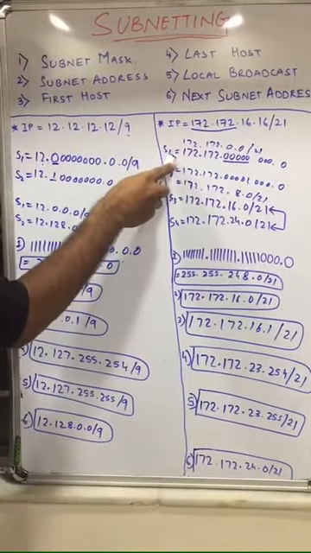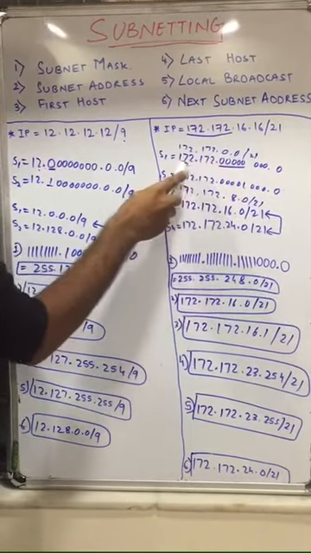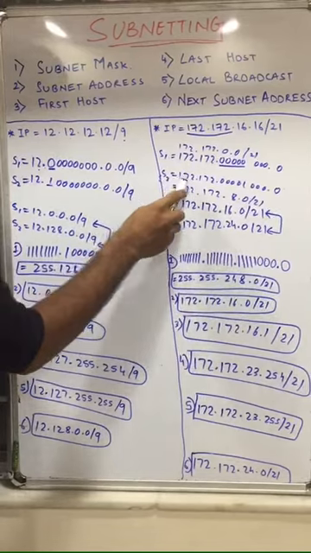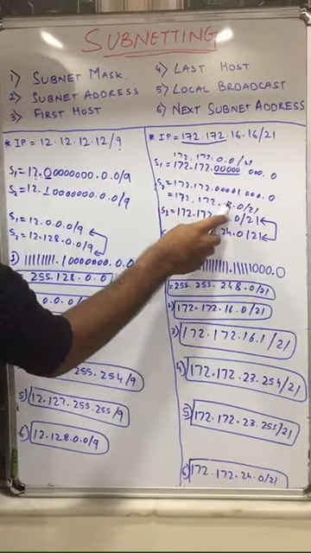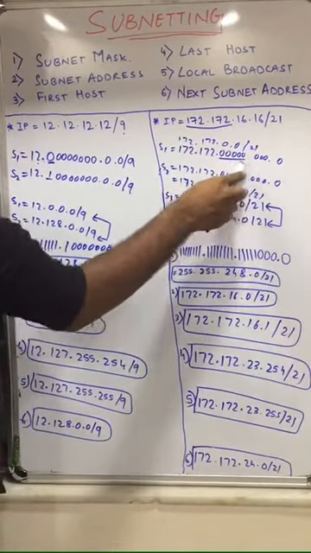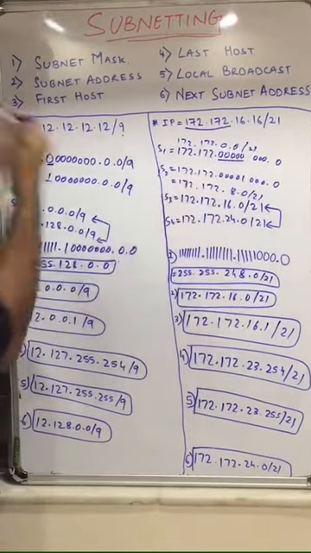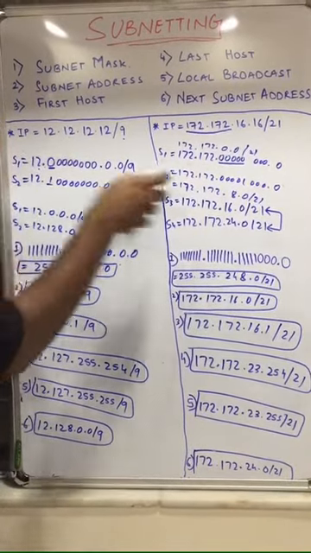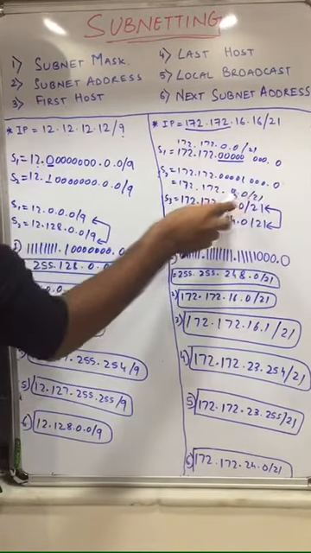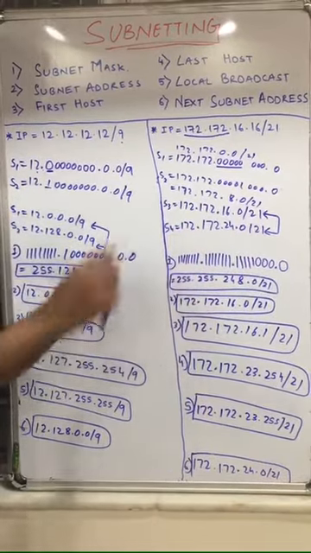Our first range will be equal to 172.172.0.0, because the first 16 bits are as they are. Now range 2 would be equal to 172.172.8.0, because 2 raised to 5 gives us 32 ranges. First is 0, another is obviously 1. If you convert it to decimal, you get a difference of 8. So our ranges will always have a difference of 8 only.